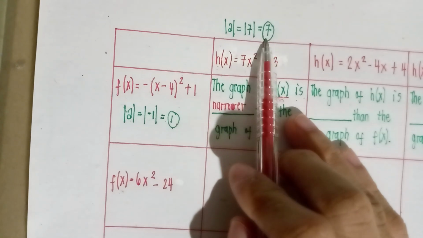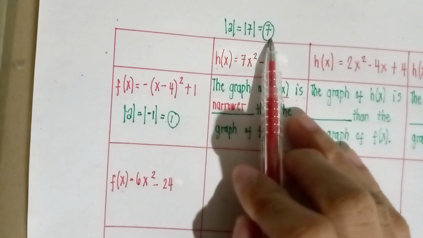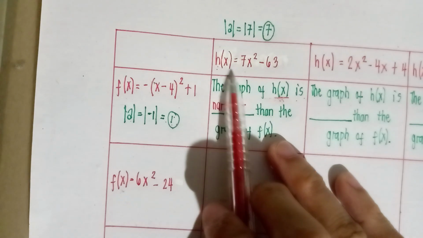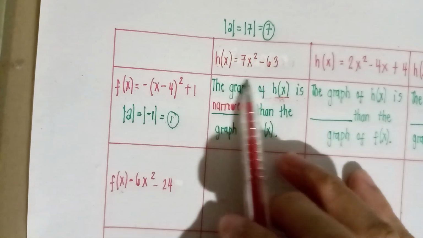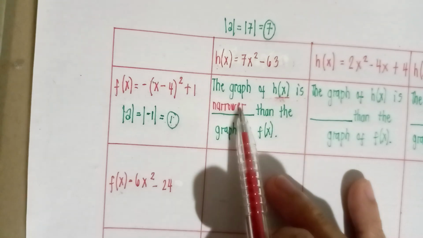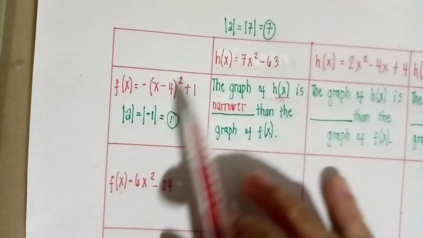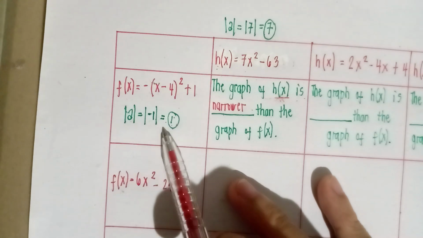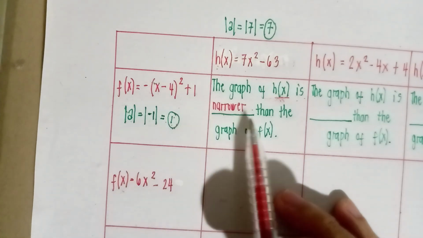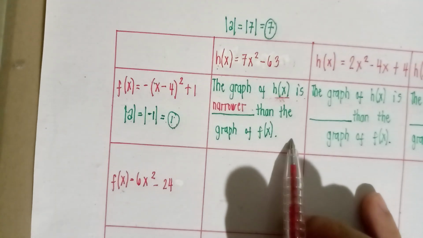The absolute value of a for h of x is 7, which is a larger value than 1. So the graph of h of x is narrower than the graph of f of x.